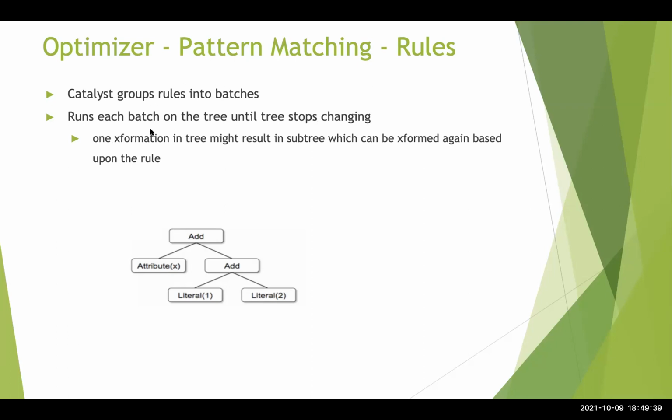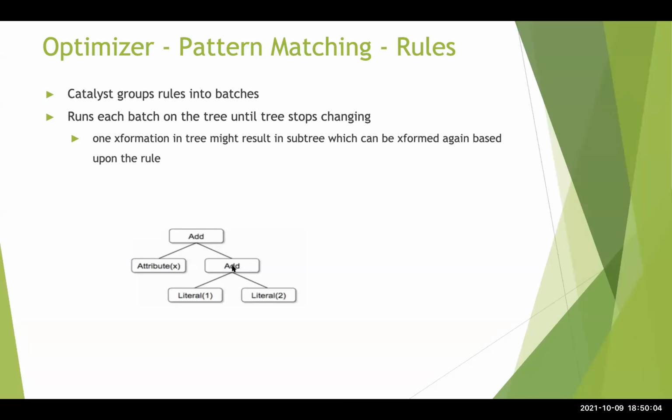Why does it do that? One transformation in the tree might result in a subtree which can be transformed again based upon the rule. So that's the reason. Let's say you have a literal here, you have a literal here, you have an add, and the first transformation you do is this, and you convert it with one rule. The batch has one rule, so one iteration will convert into this and put one literal here.